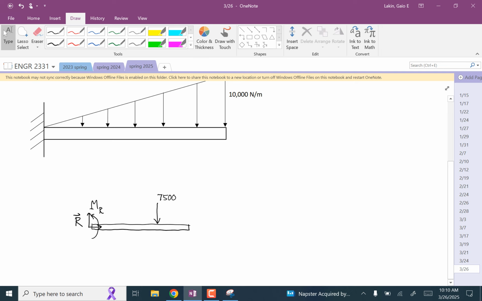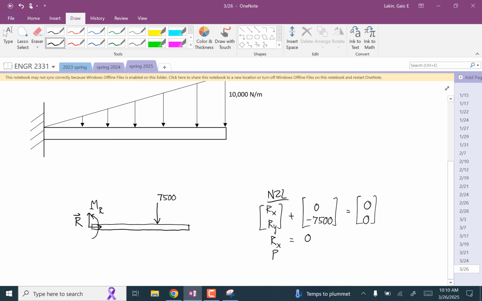And that's everything. So Newton's second law says Rx, Ry plus 0, negative 7,500 is equal to zero. So Rx is 0, Ry is 7,500.